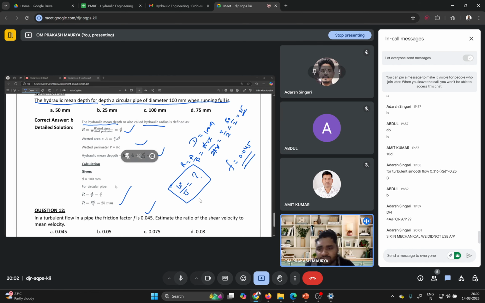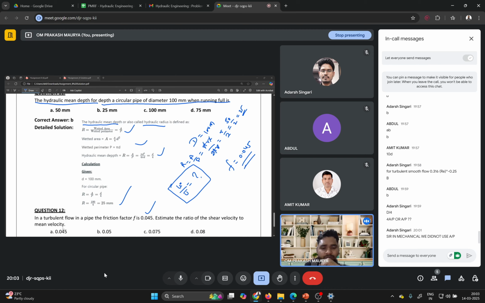Actually these questions are based on open channel hydraulics. Whatever formula is used here, just think on that. Why can you not use A by P in the case of hydraulic radius?